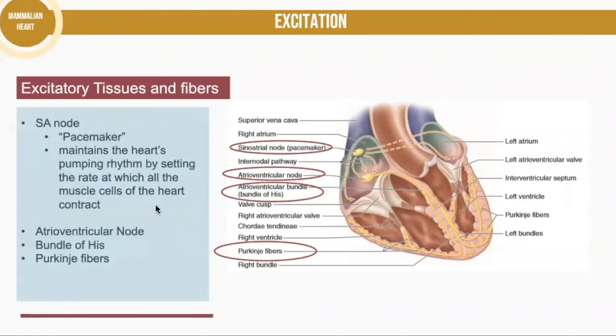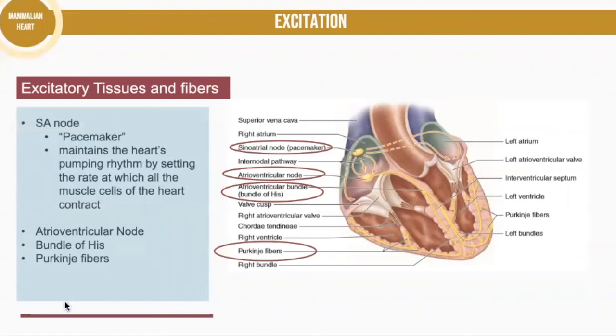Next, we also have the bundle of His, or the atrioventricular bundle. This is the bundle of His. It is a continuation of the specialized tissue of the AV node, and it serves to transmit the electrical impulse from the AV node to the Purkinje fibers of the ventricles.